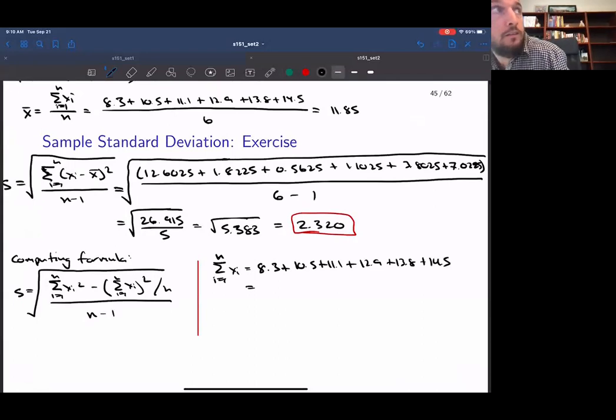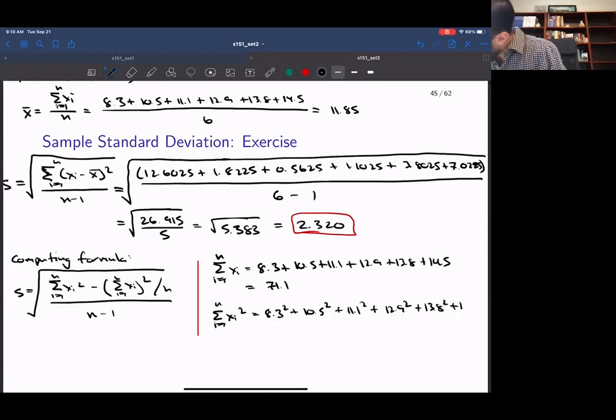And that gives us 71.1. And then we have the sum from i equals 1 to n of each xi squared. So this is going to be 8.3 squared plus 10.5 squared plus 11.1 squared plus 12.9 squared plus 13.8 squared plus 14.5 squared, which is 869.45.